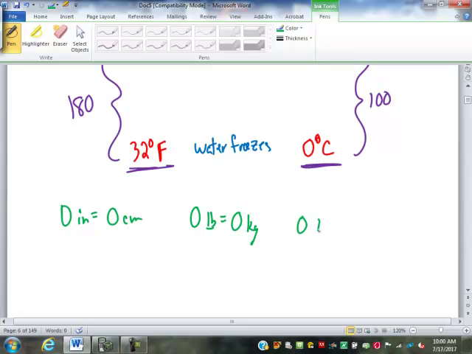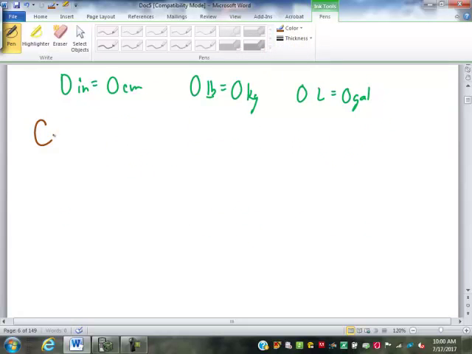Capacity, 0 liters equaled 0 gallons. 0 was nothing. It was 0. Temperature is the one measurement we have where there isn't that common 0 point. 0 Celsius and 0 Fahrenheit do not equal each other. So we cannot use a simple conversion factor. We have to use a conversion formula.